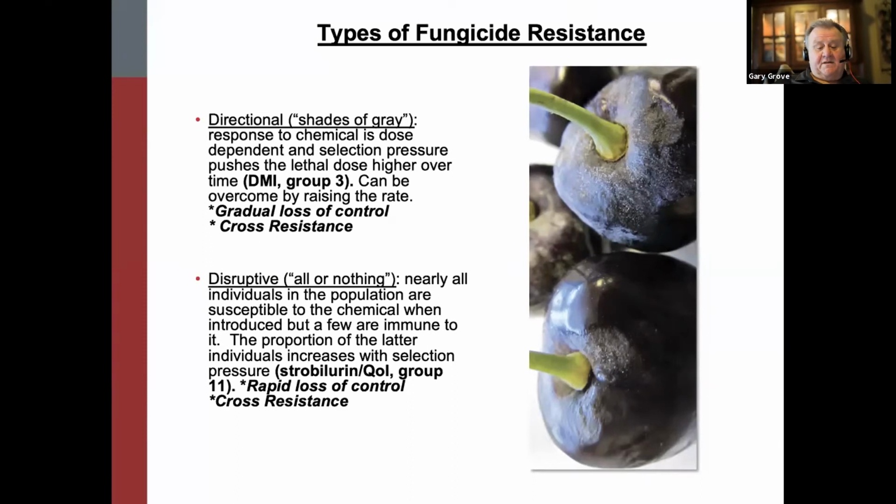And this resistance can be overcome by raising the rate, but keep in mind you get to a point where you have to go off label with the rate to get good control, so that's no longer an option. But this is characterized in the field by a gradual loss of control.